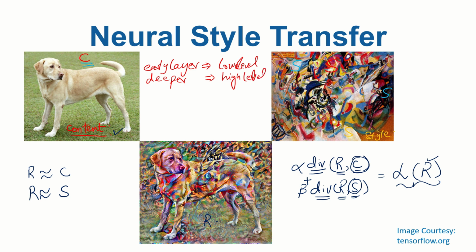So the idea to define the content cost and the style cost is to pick a middle layer, a layer that is not too early and not too deep.